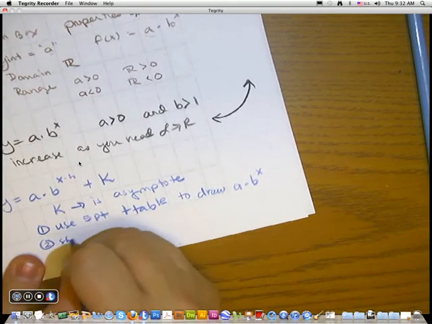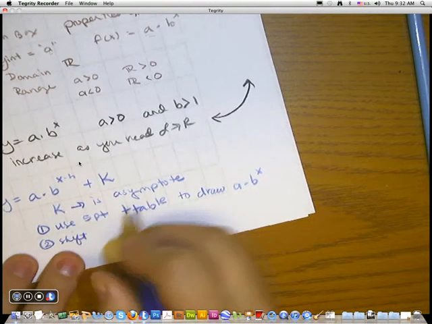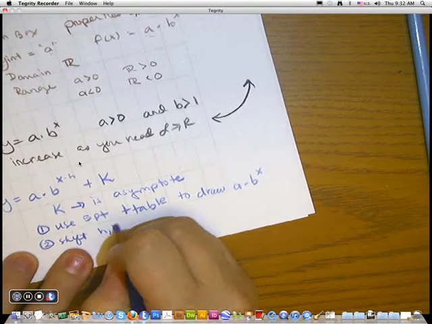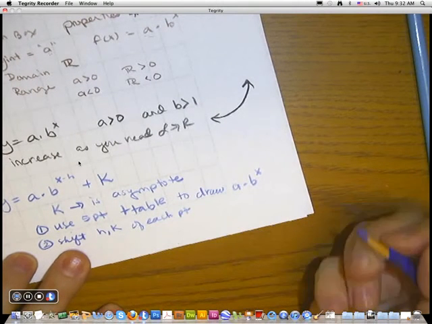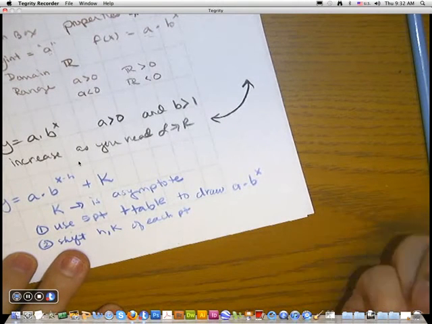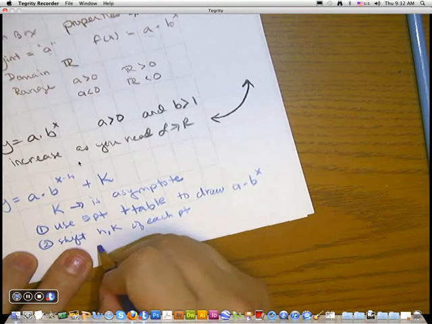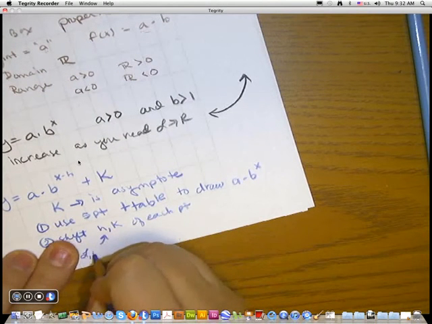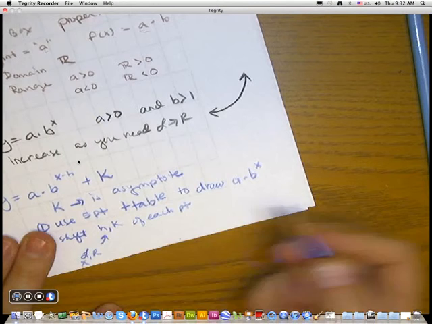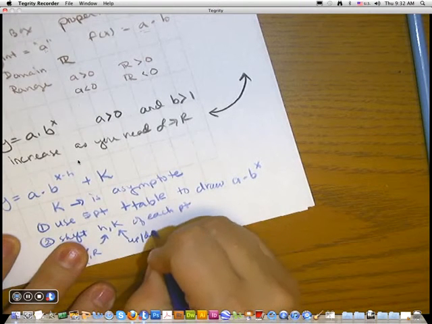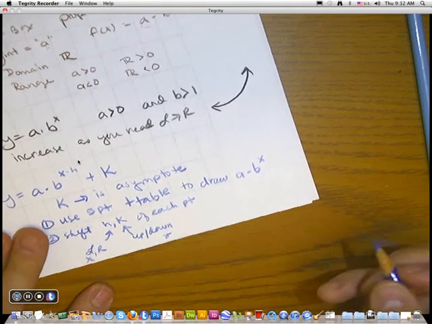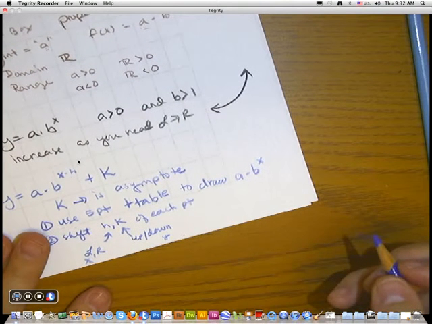Then we're going to shift the h, k of each point, keeping in mind that h is our x, that's our left, right, that's our x component, and k is our up, down, or the y component.